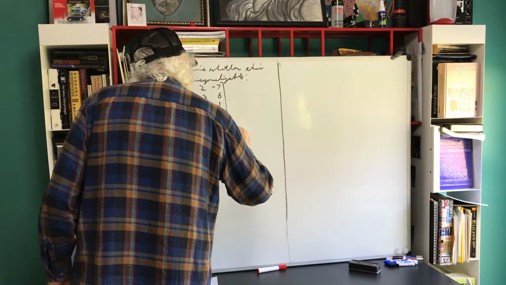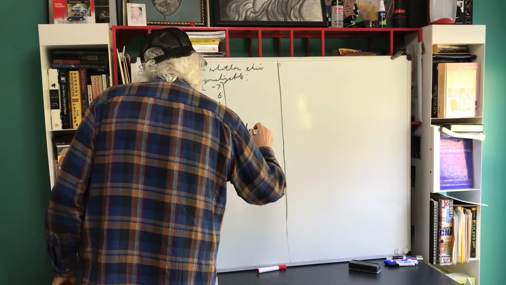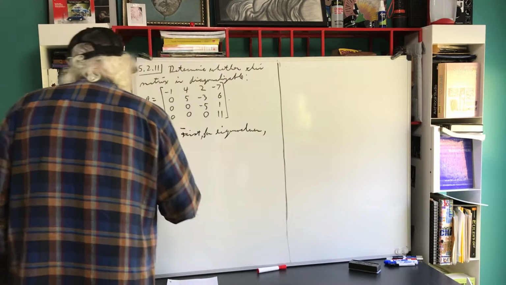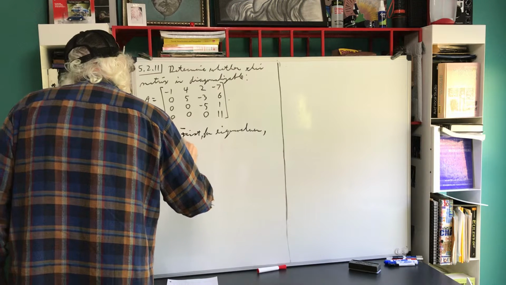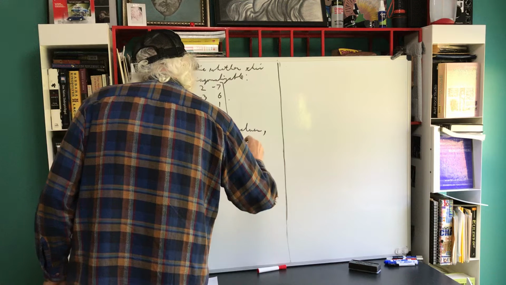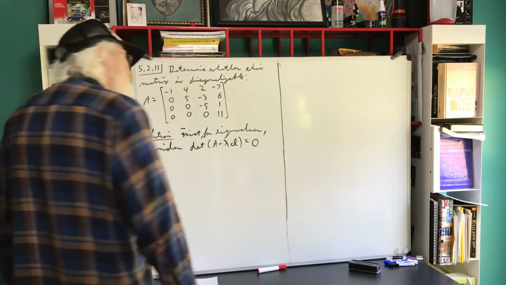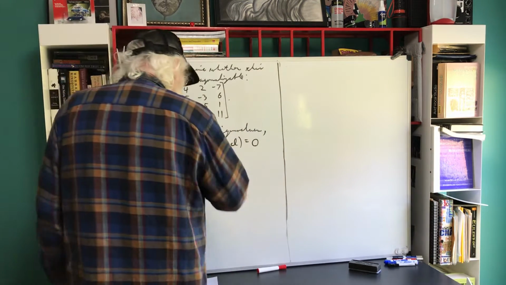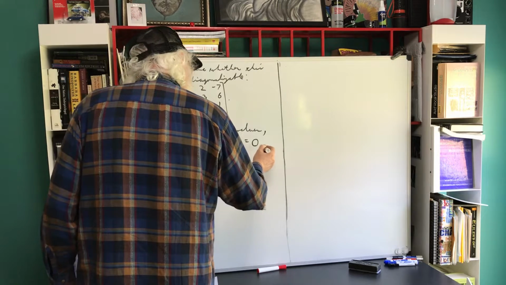For eigenvalues, we consider the characteristic polynomial. Consider the determinant of A minus lambda I, set that equal to 0. There's the characteristic equation. We've usually done it one piece at a time.